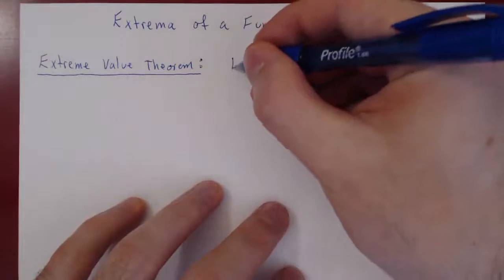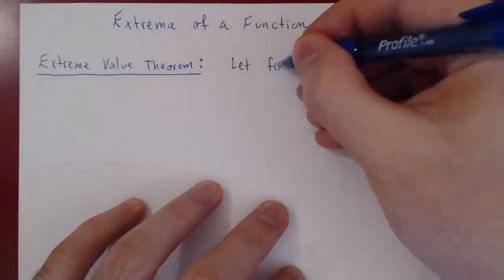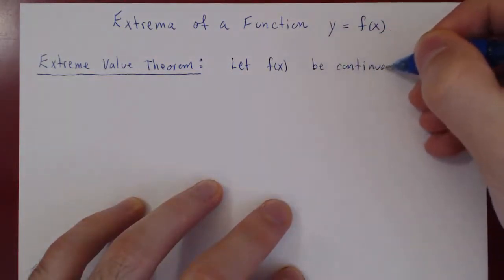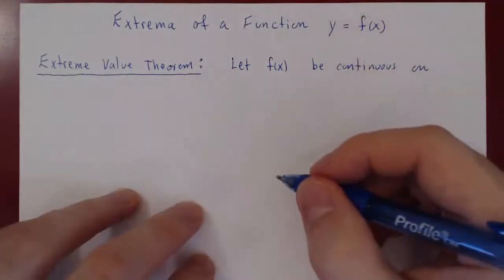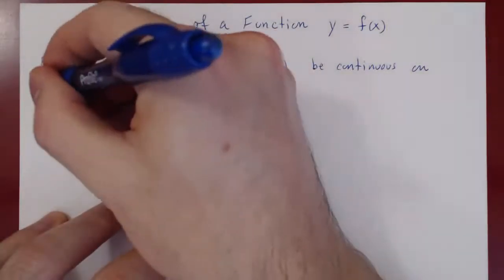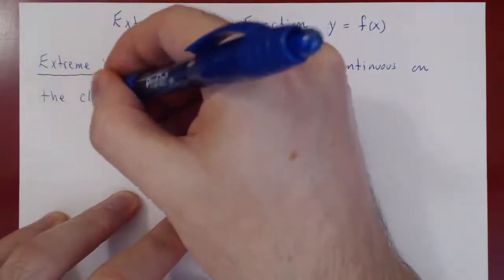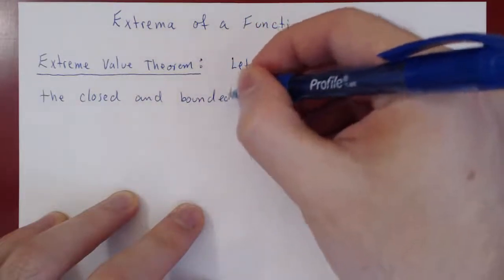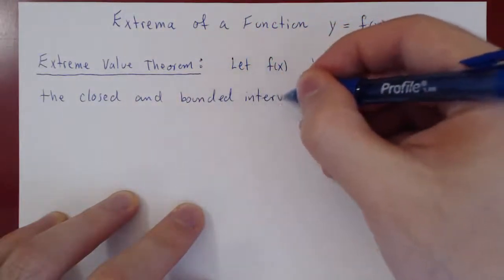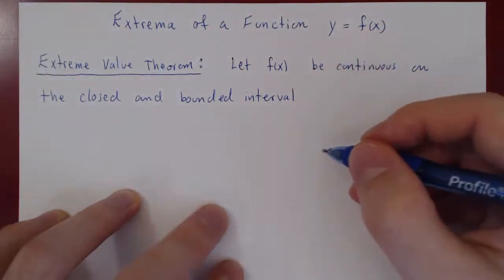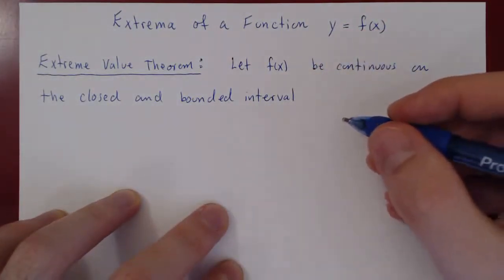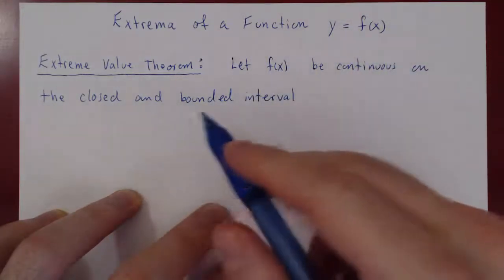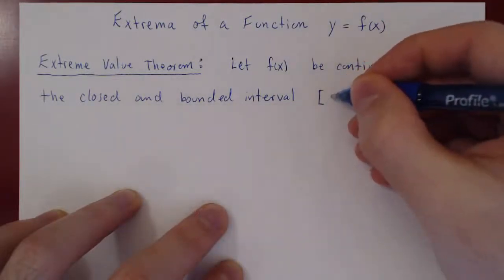So let f of x be our function, be continuous on a closed and bounded interval, say the interval from a to b, where a and b are fixed real numbers, where obviously a is less than b. So we have just two conditions. F of x is continuous on a closed and bounded interval from a to b.